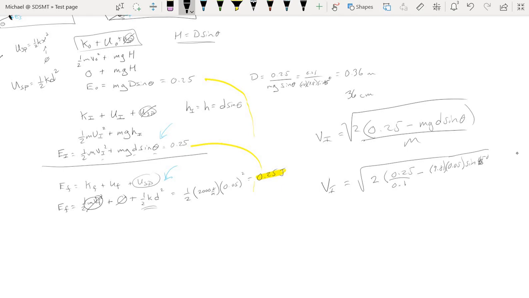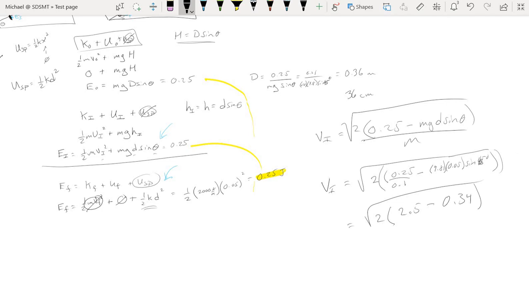Sine of 45 degrees. All right, so we have 0.25 divided by 0.1, and that 2 acts on everything. So we have 2.5 minus, good, 0.34.